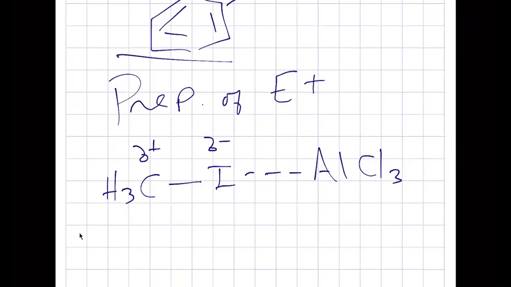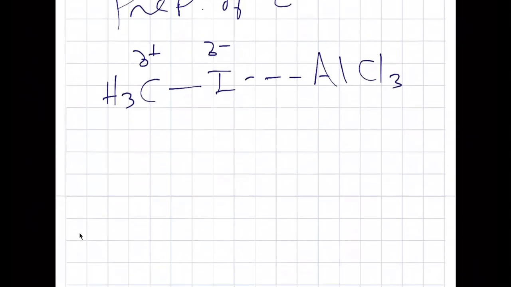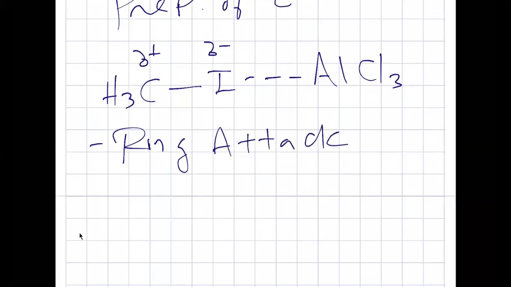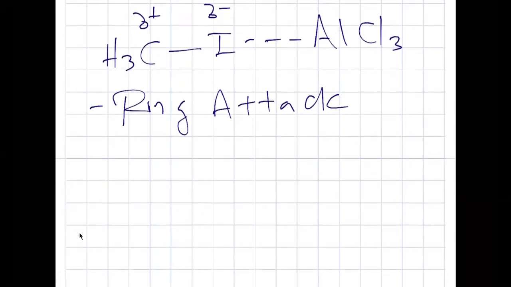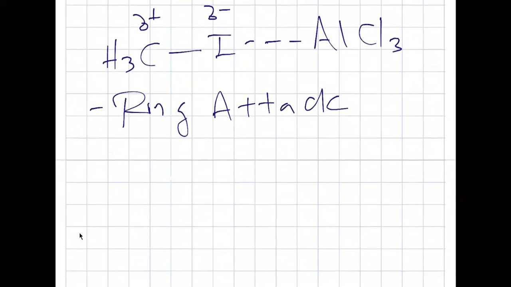And then when you get to the next step, the ring is just going to attack. I must be writing too big today. Keep running out of space. So the ring just is going to attack that electrophile. So here in the next step, you have your aromatic ring here.